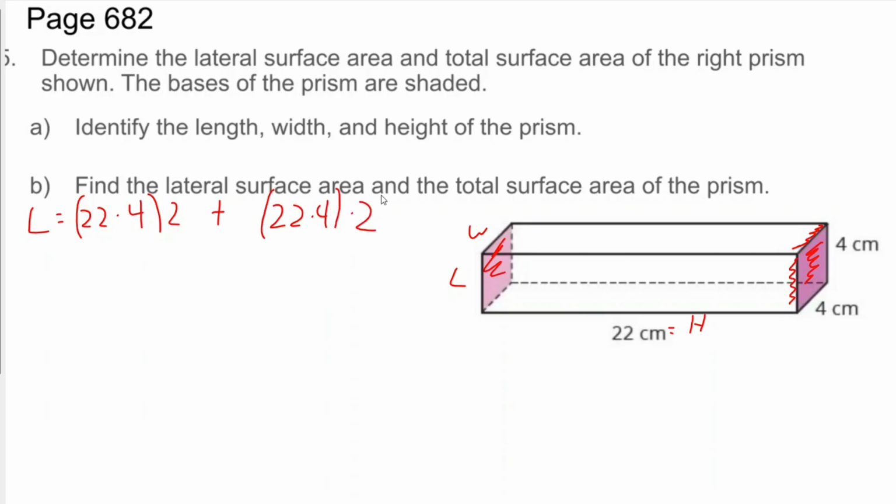So that's also times 2. So I can do 22 times 4 times 2, and then times 2 again. So I'm going to get 352 units, which will be centimeters, and since it's area, it's going to be squared.